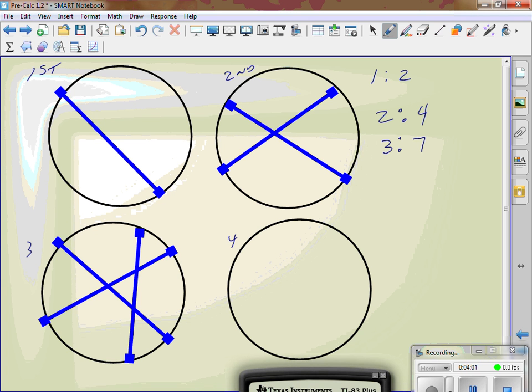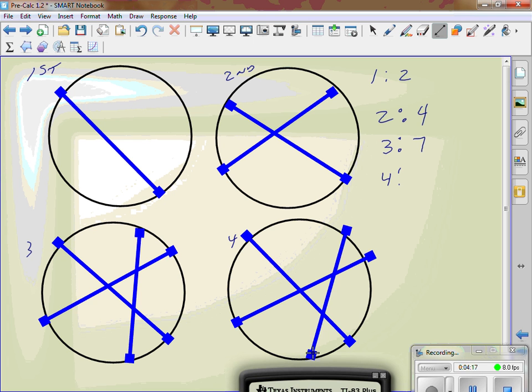You want to try to get the most. If you got 6, you want to try to see if you get any more. For number 4, or for the 4 chords: 1, 2, 3. I'm going to put it right here so it hits the most.